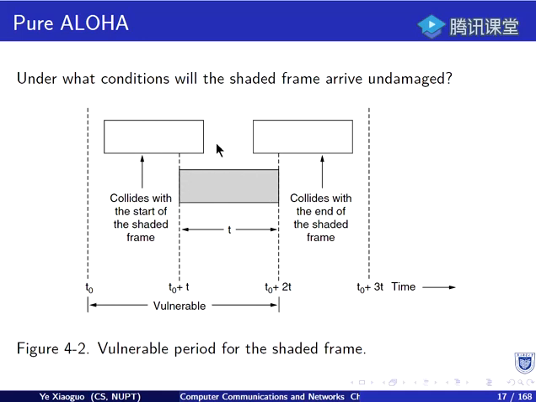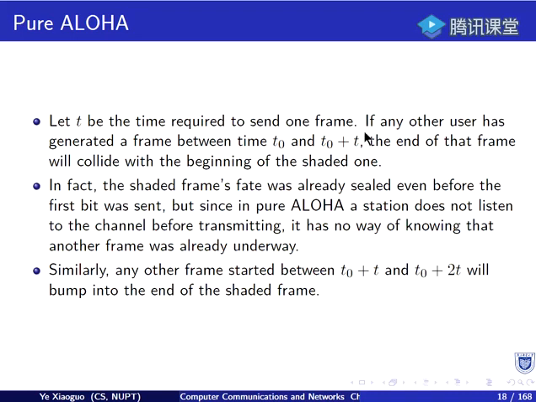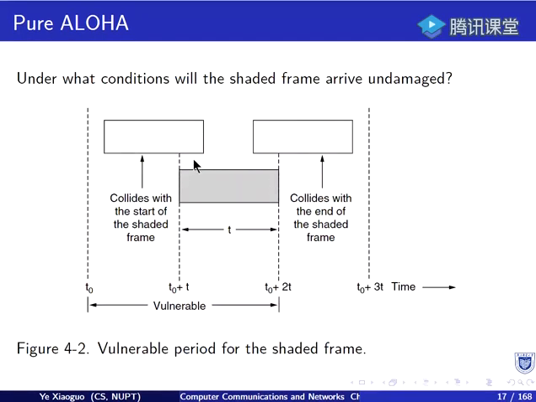So collision occurs, right? If the beginning lies in this range, then the end of the frame lies in this range, so there is an overlap. That is why we say the end of that frame will collide with the beginning of the shaded one.